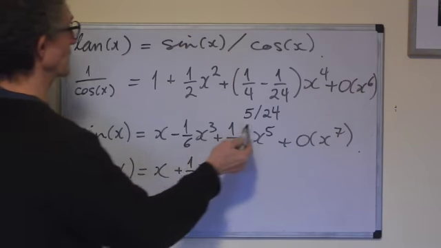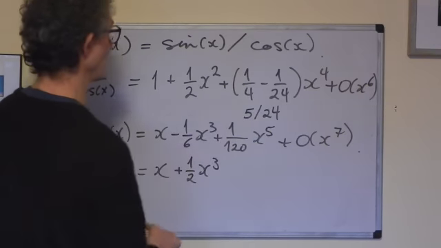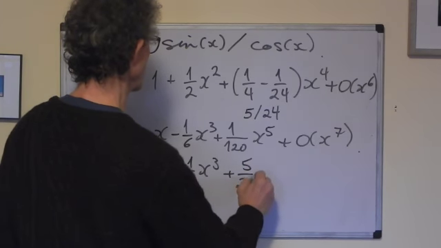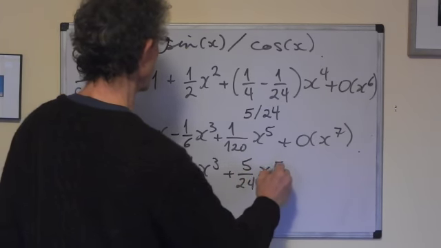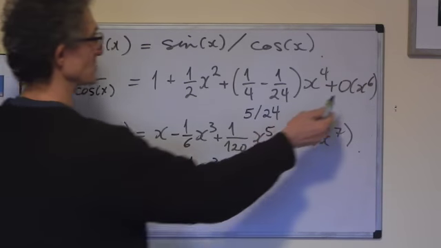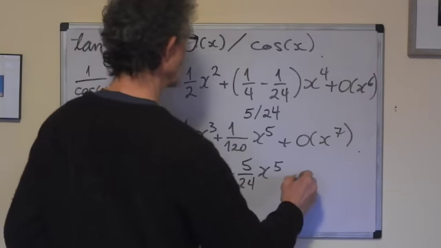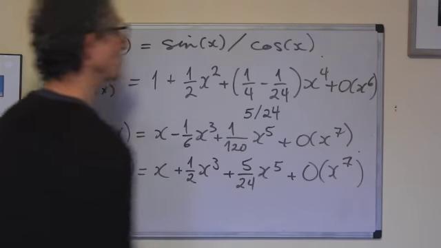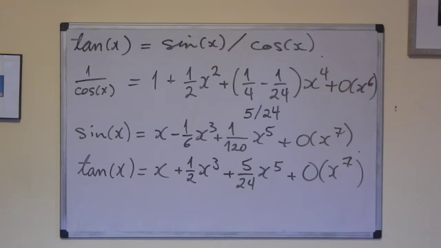I have x times 5 over 24 x to the 4th, so that's 5 over 24 x to the 5th. And then I have x times something that multiplies x to the 6th, so I'm ignoring some polynomial that includes a factor of x to the 7th in it.